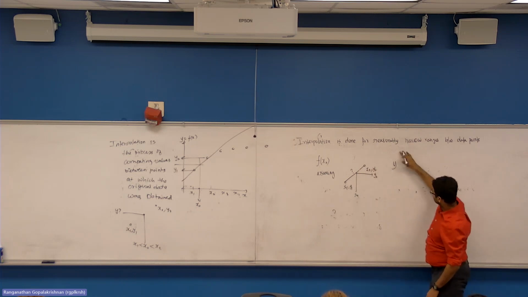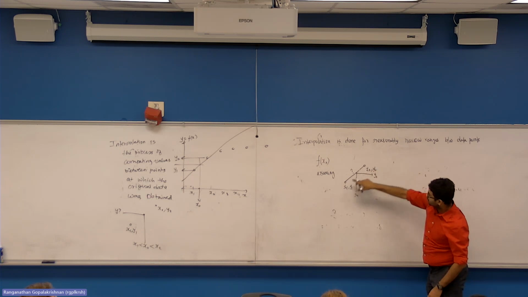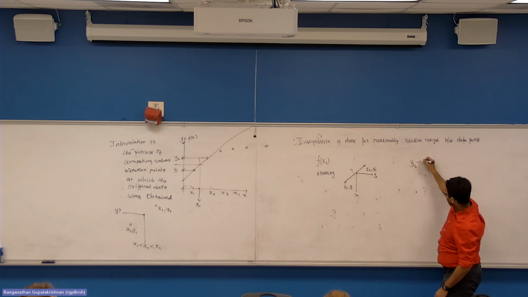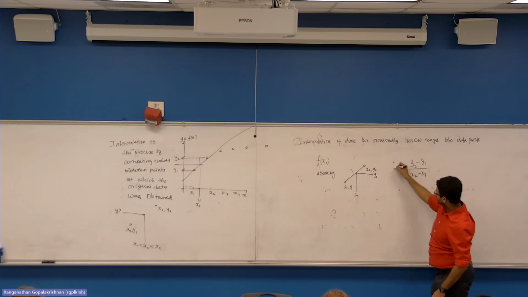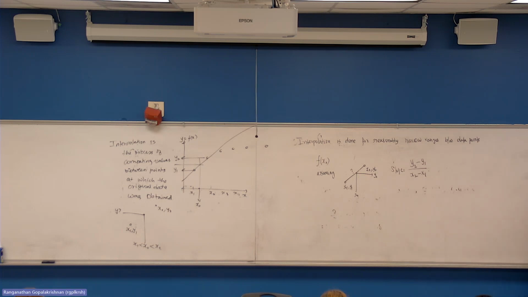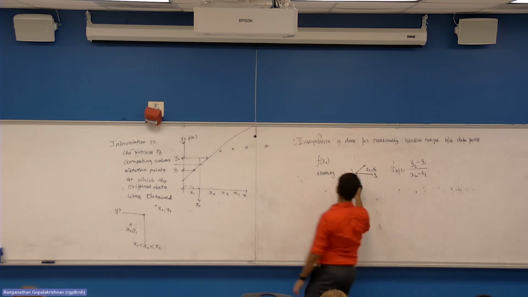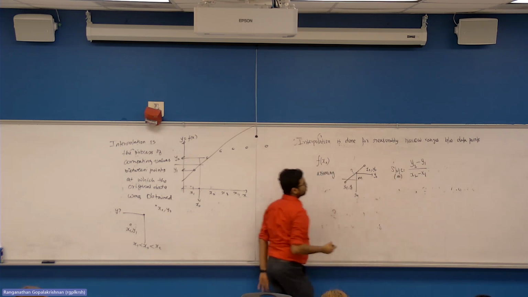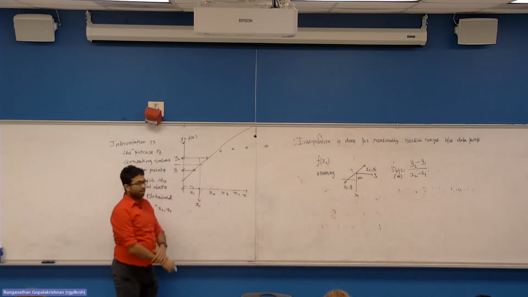Just write the expression for the slope. What is the slope of this line connecting the 2 points? y2 minus y1 divided by x2 minus x1. That is the slope, right? So here is the slope m, which is y2 minus y1 divided by x2 minus x1.